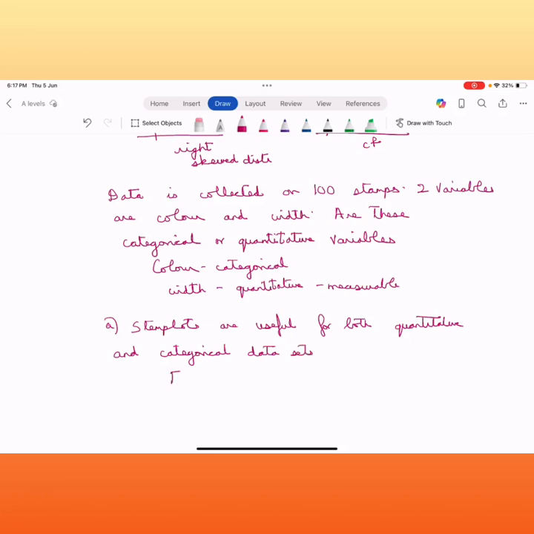So this is false because stem plots are used only for quantitative, because you can literally measure it, not for categorical.